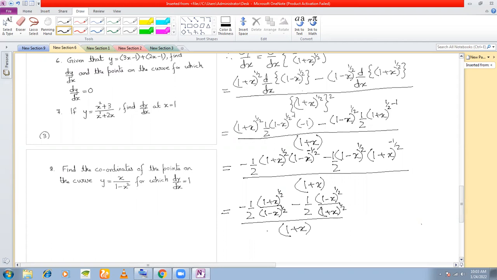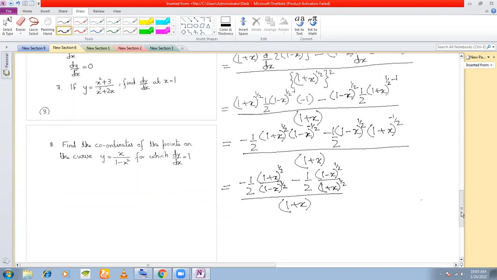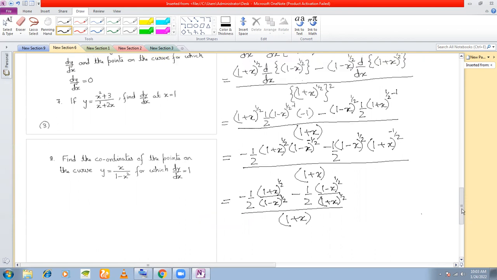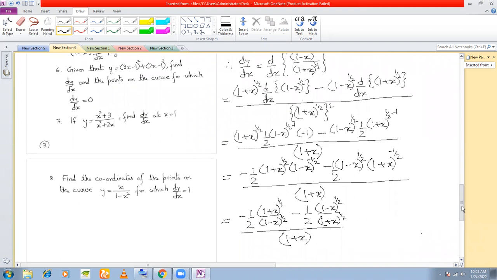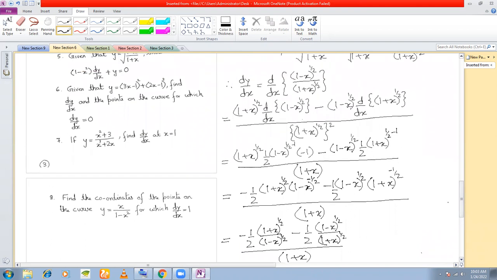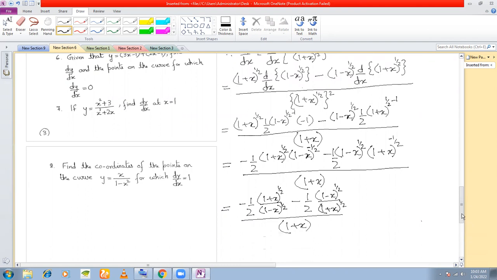Now what can you do? Can you take the LCM in the numerator? Before taking the LCM, I have 1 plus x in both the cases. First, let me check here. Yes, so this is 1 plus x.